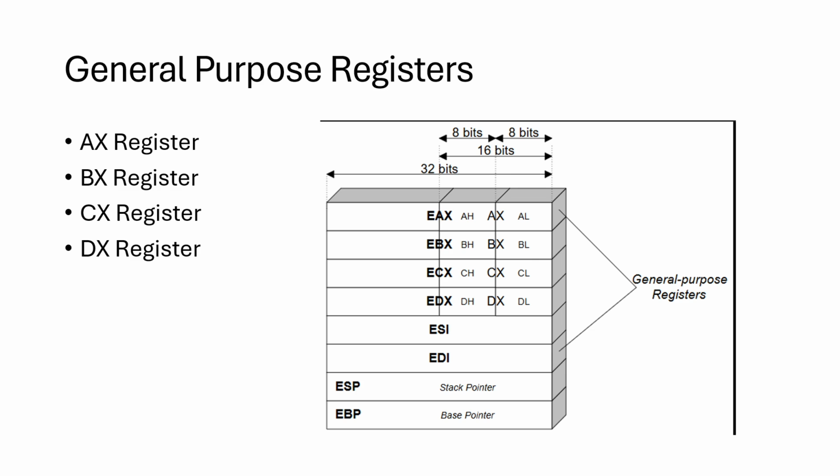Then we have the BX register. It is also known as the base register. Again, the same, it is EBX and it will have different parts like BH, BL, and the entire part called BX.